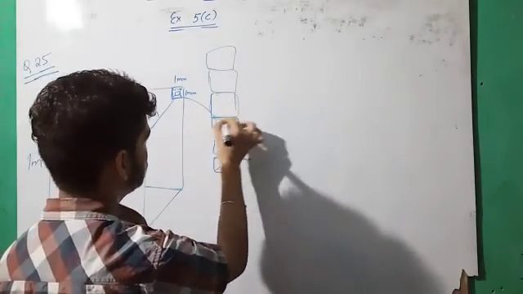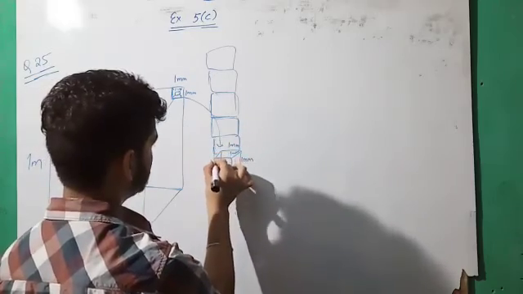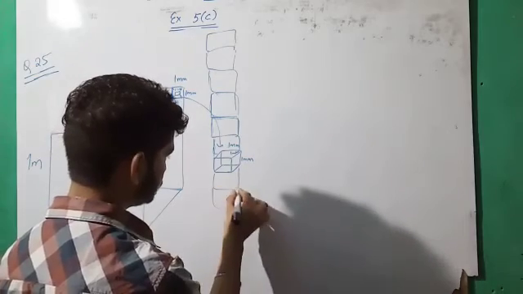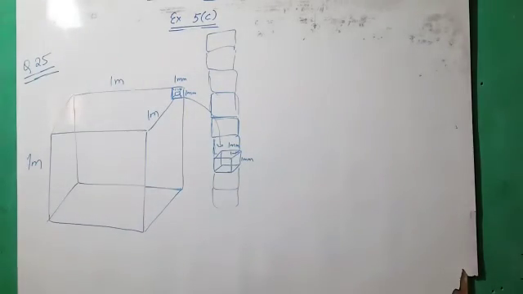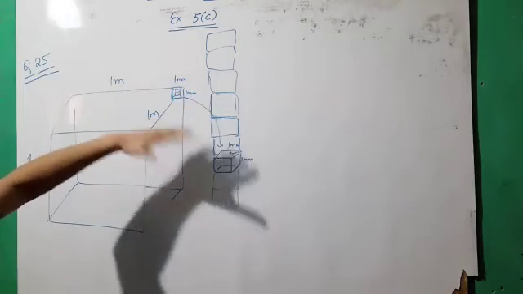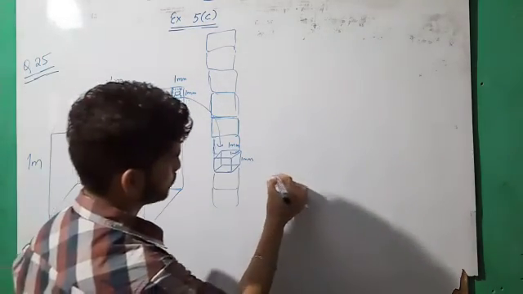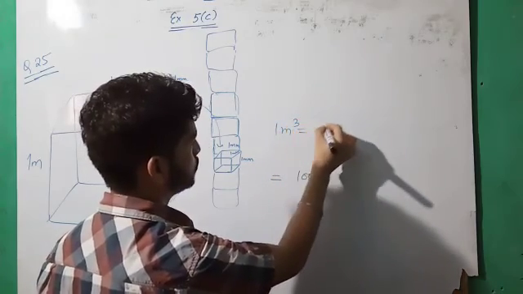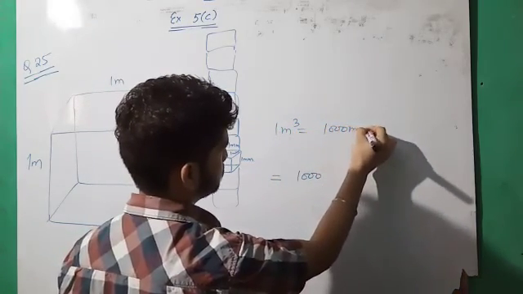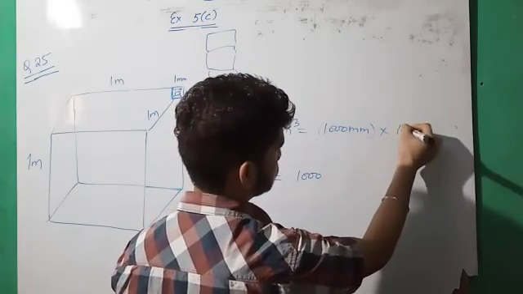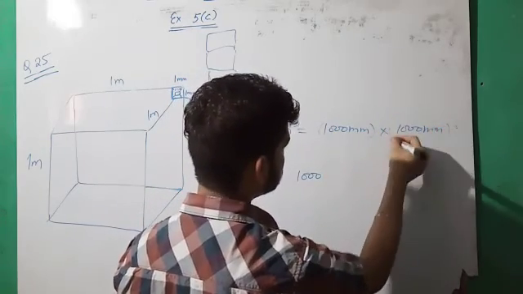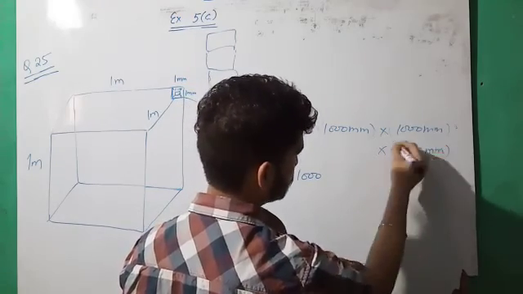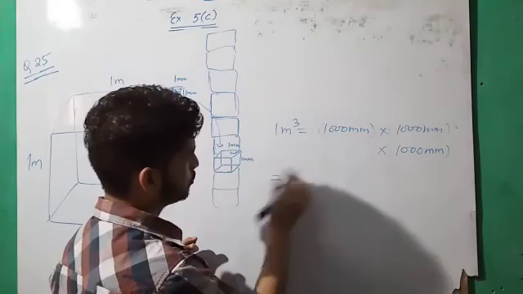So the pole must be of a negligible length. First of all, we have to add 1000 mm cubes from one side. So we can say that 1 meter cube equals 1000 mm into 1000 mm into 1000 mm, using 1000 mm equal to 1 meter.